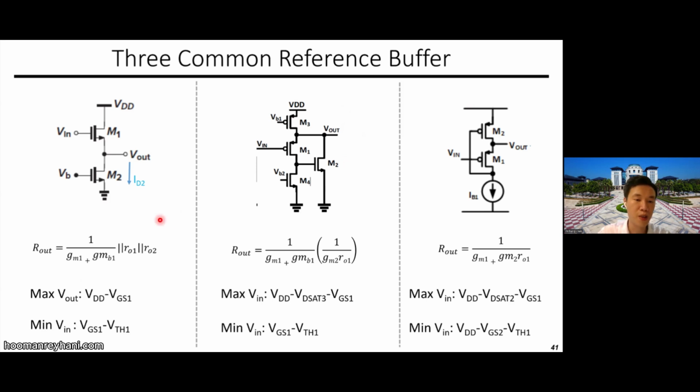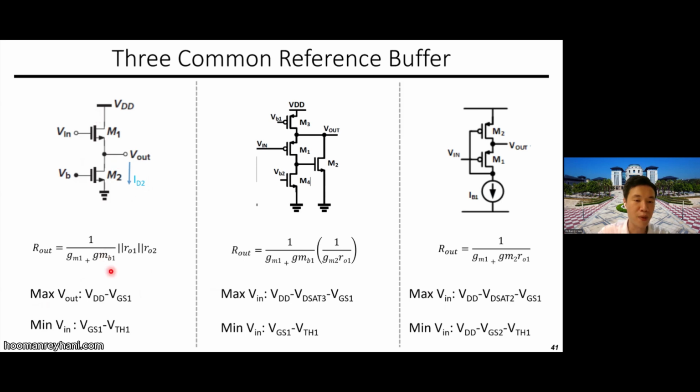The maximum operation swing of these few circuits can be expressed in here. You can take a look at that, but I just want to conclude the difference between them. You can find that for the source follower, they do not have a very constrained maximum input voltage because you do not have a cascode device over here.